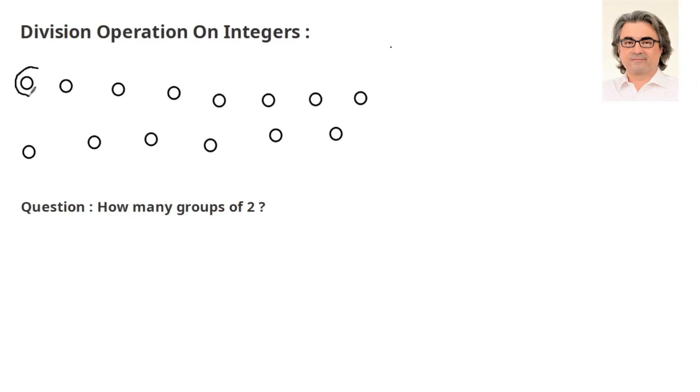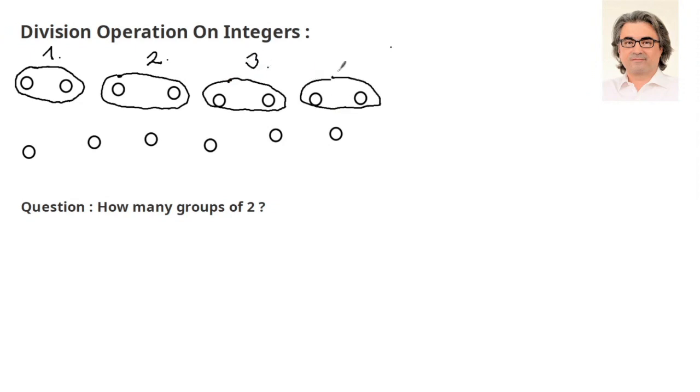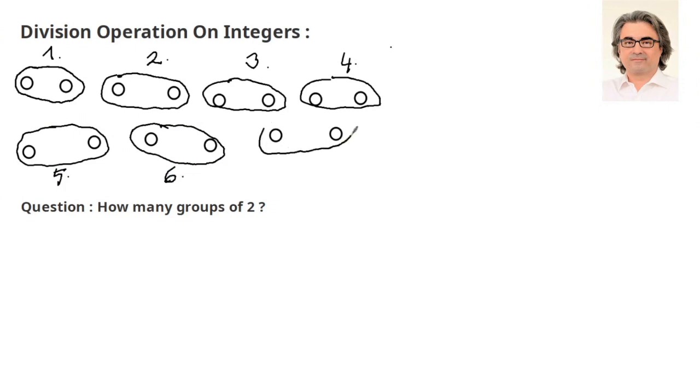Now, the first group, maybe this, the second group, the third, the fourth, fifth one, the sixth, and the last one, the seventh.